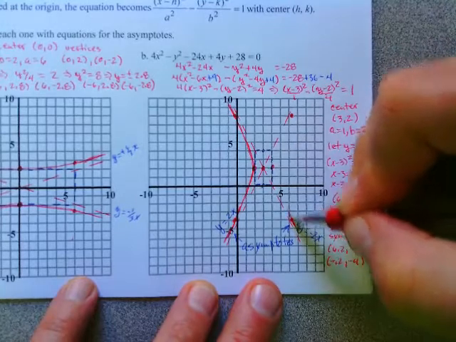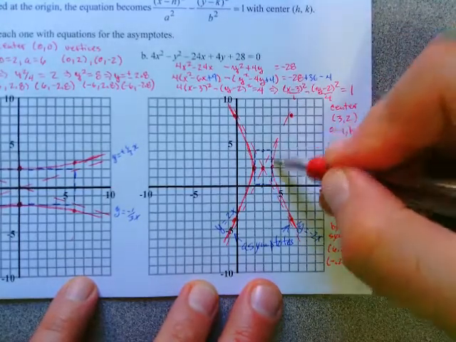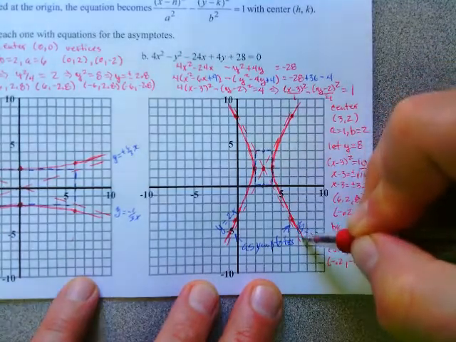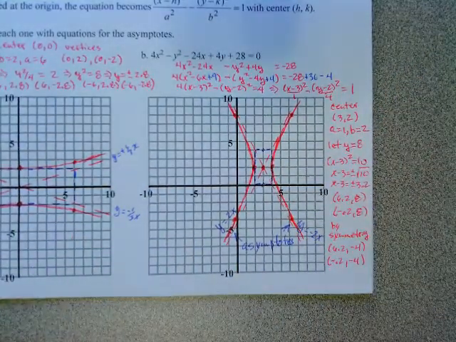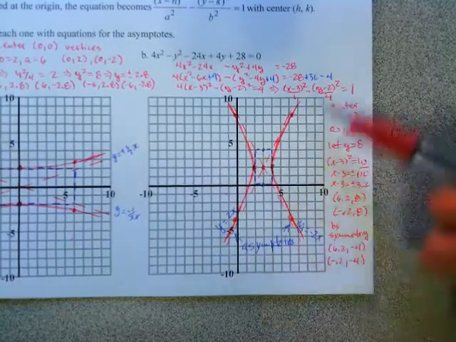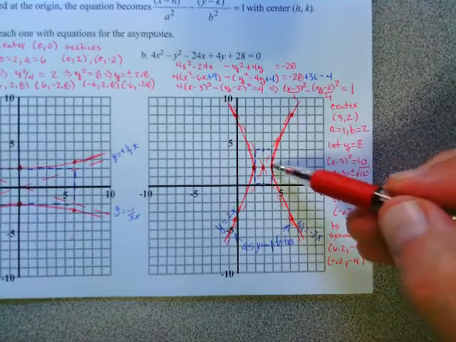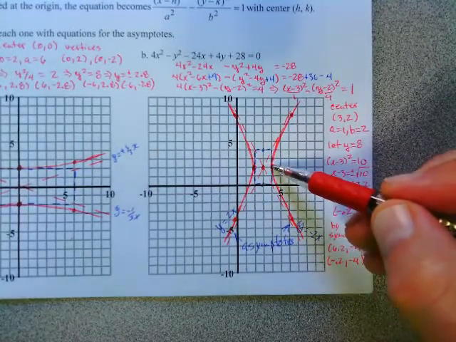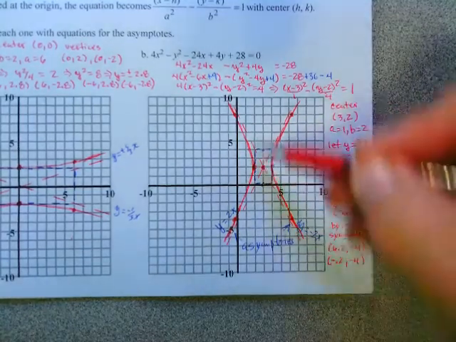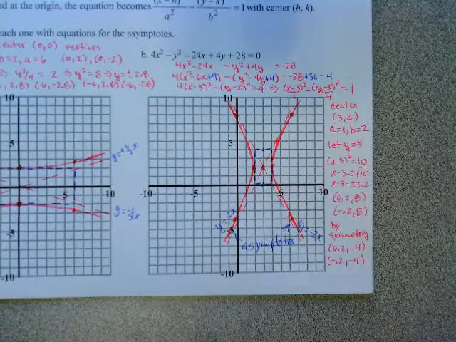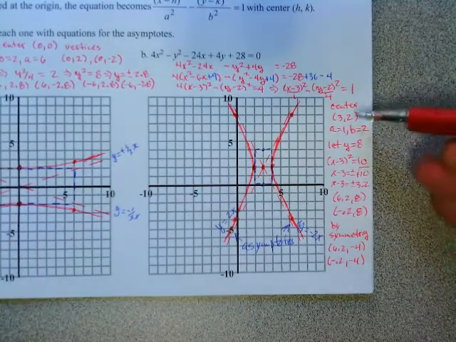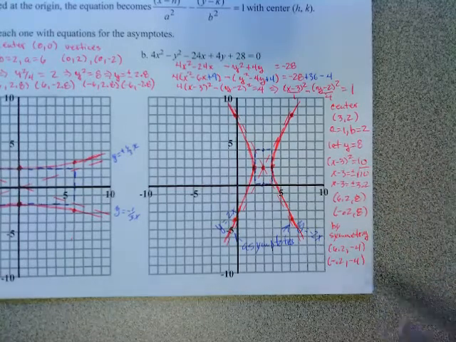So part of what I wanted to demonstrate by doing these extra points is I don't really need to do that much effort to get a pretty good idea of what this should look like. If I draw the box and then I do the two diagonals and I put down the 2 points, my vertices, and then just kind of go through and get close to my asymptotes on both sides, I'm going to be close enough to what the graph should actually look like without having to go through all of this work to get my extra points.